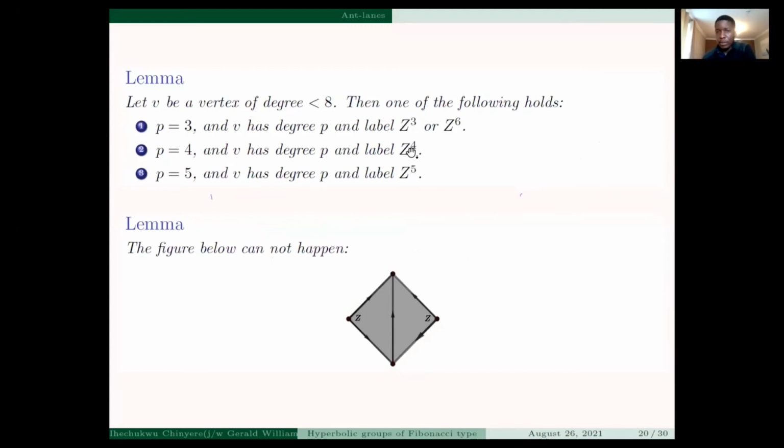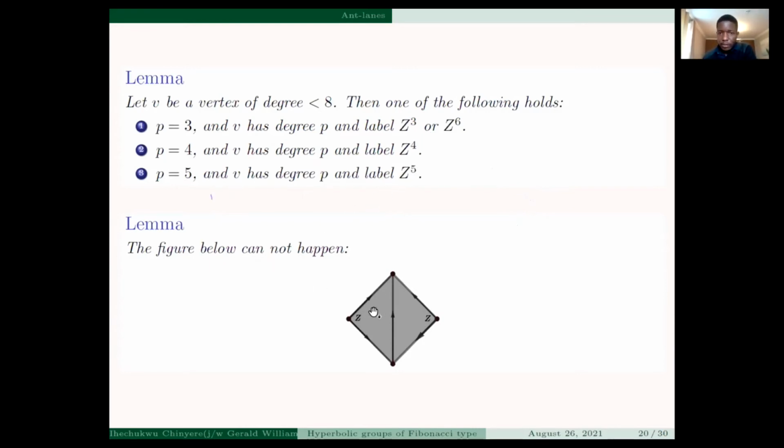So meaning that if you look at an interior vertex, when P is 3, you're going to see something like that. Or P is 4 and you have that, or P is 5. So these are the only ways you can have a vertex of degree less than 8. So degree 3 or 6 in this case, or degree 4 or degree 5.